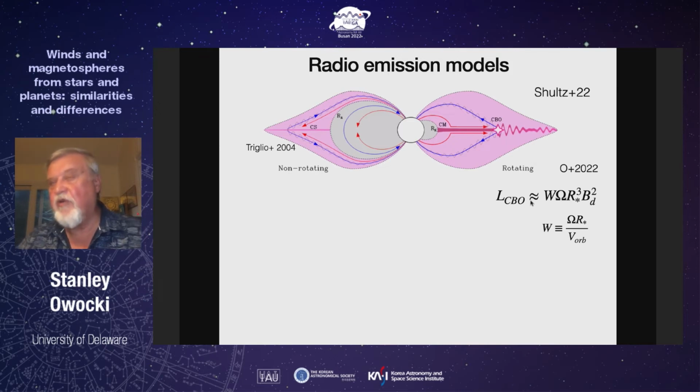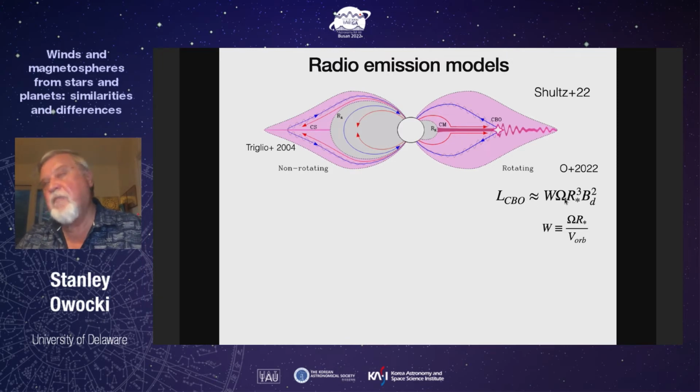And the theory of centrifugal breakout, as I've developed in a paper I recently wrote, predicts that it should scale as the rotation frequency times the volume of the magnetosphere times the magnetic field strength squared. Now, magnetic field strength squared is like an energy density, multiplying times the volume is a total energy in the magnetic field, and then rotation frequency is a rate at which that's being dissipated.